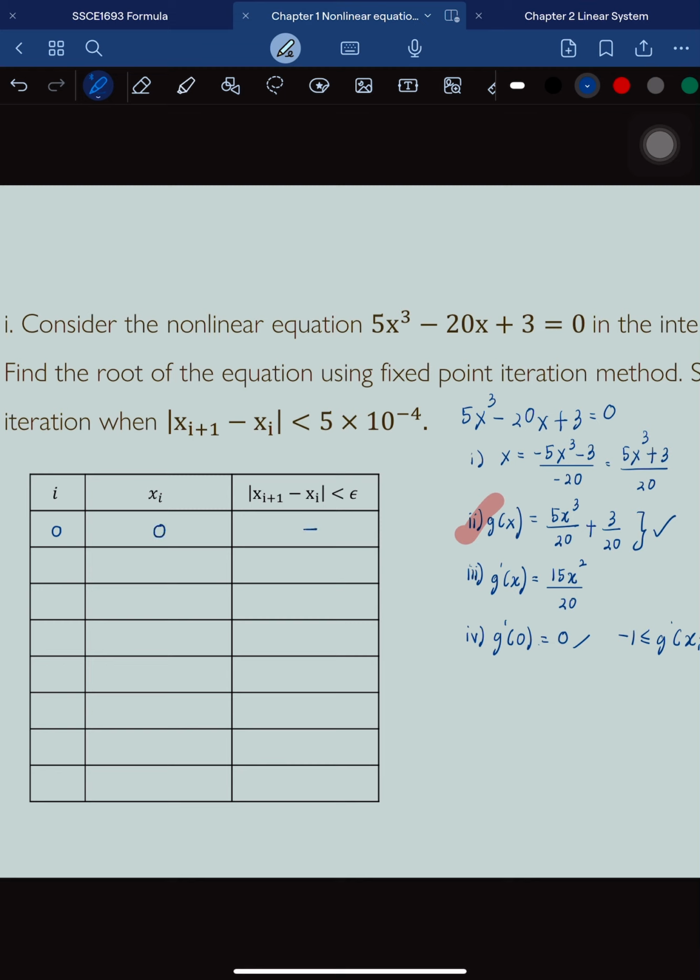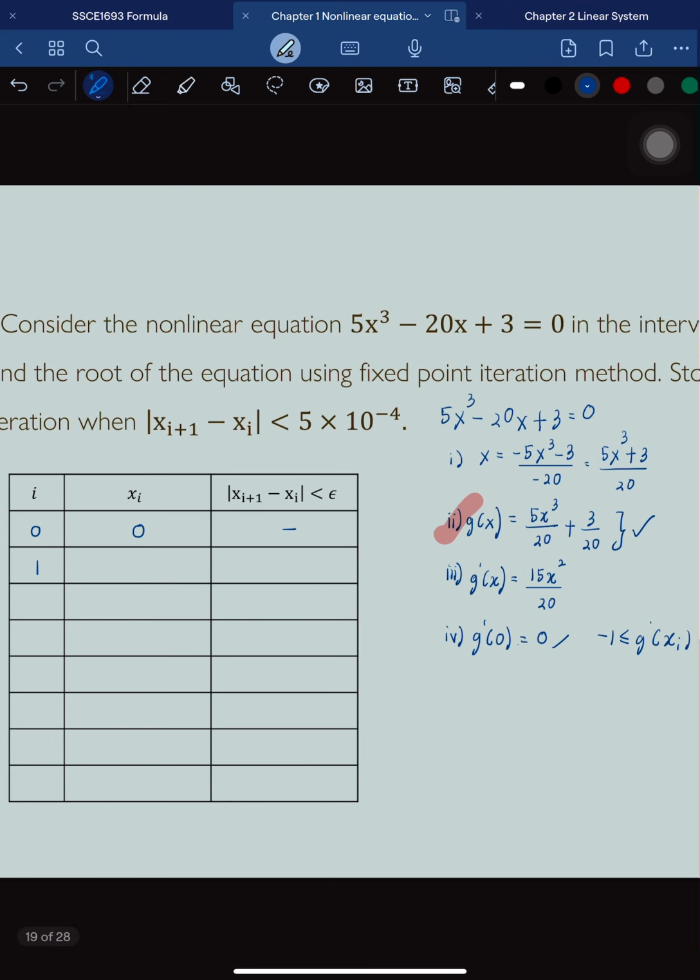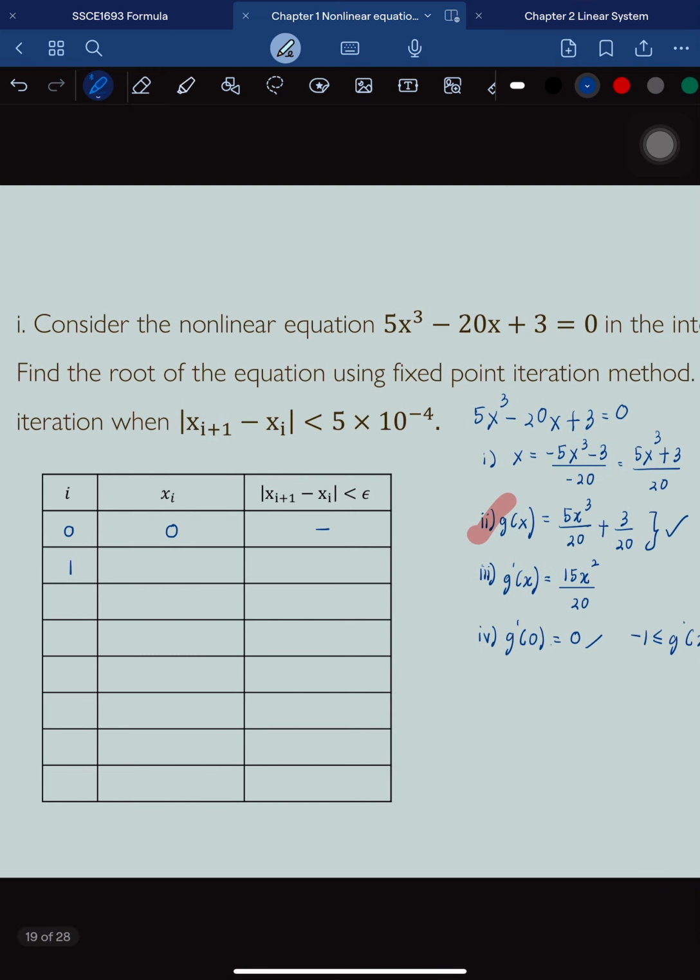So we don't have this value. So the first iteration, so this is our g, right? Okay, so 5x naught, so 3 over 20, 0.15. So 0.15. So you cannot stop.